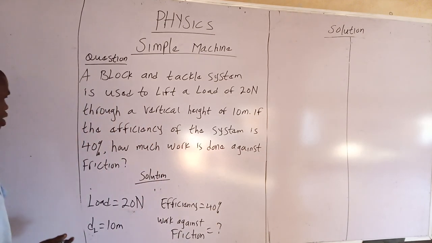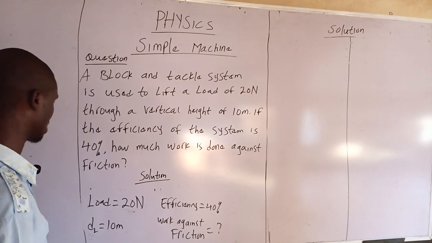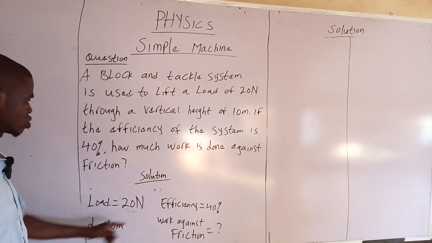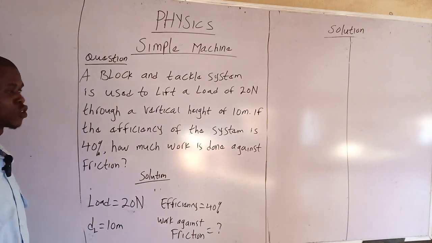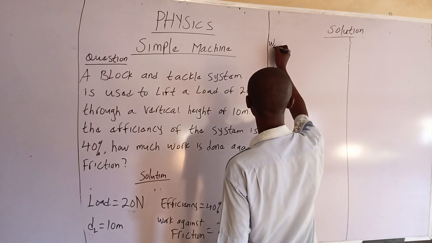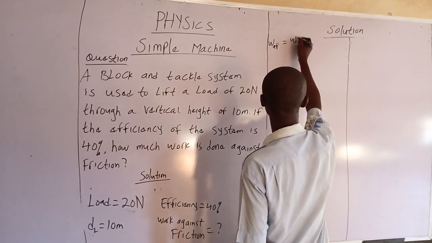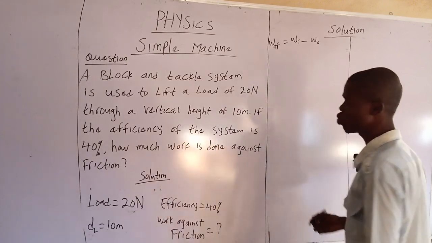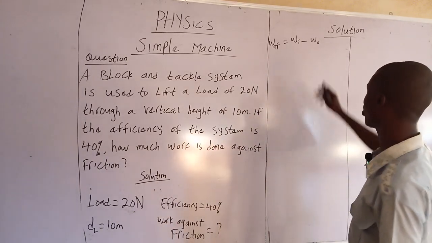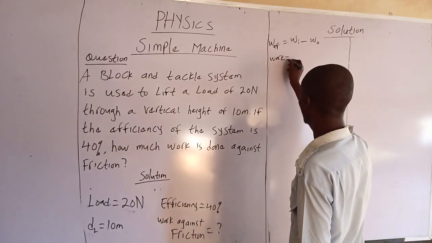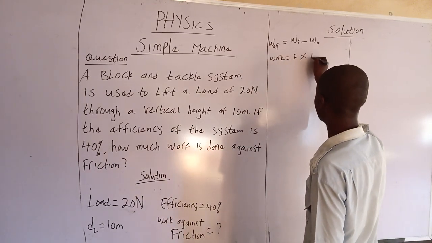So now what formula can we use, since we have the load, the distance of the load, the efficiency, and the work done against friction? You can recall that work against friction is equal to work input minus work output. We also recall from work that work is equal to force times distance.